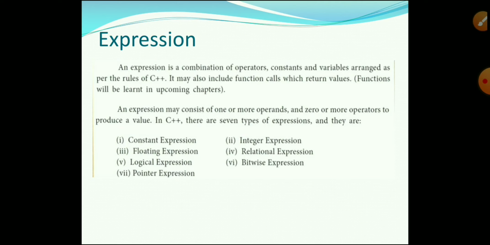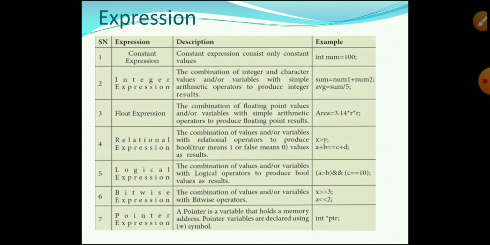So we have to see what expressions we have in a C++ program. Constant expressions, floating expressions, logical expressions, pointer expressions, integer expressions, relational expressions, bitwise expressions. We have 7 expressions in a C++ program, and we will see them one by one.